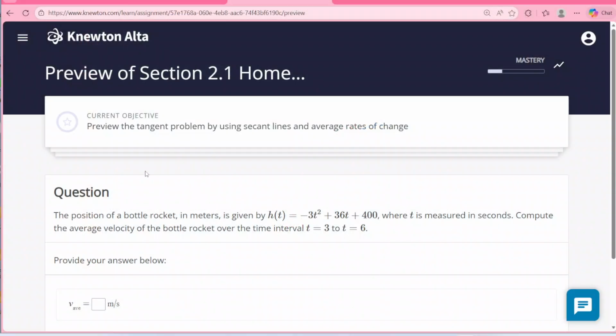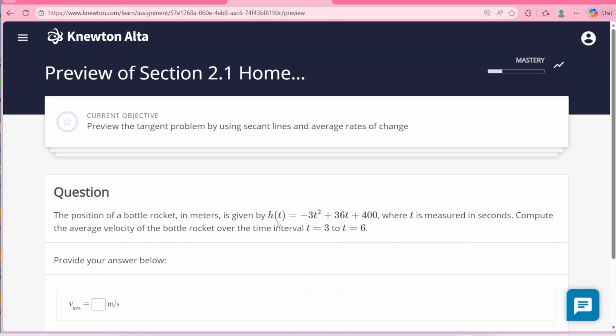So look, this question: the position of a bottle rocket in meters is given by this function here. So instead of x, the input is t, right? And instead of y or f, the output's called h. No different though. Okay.